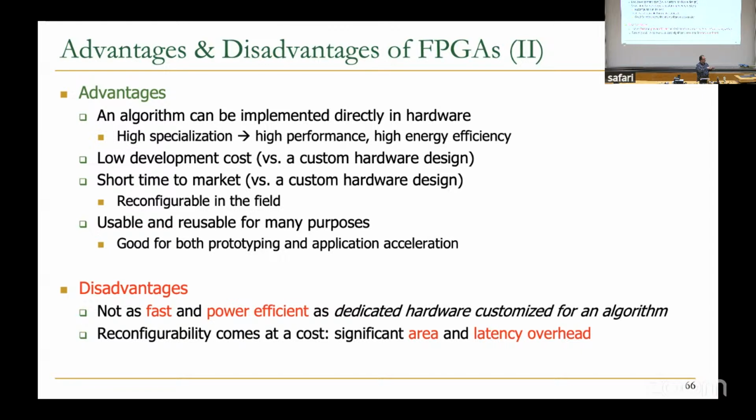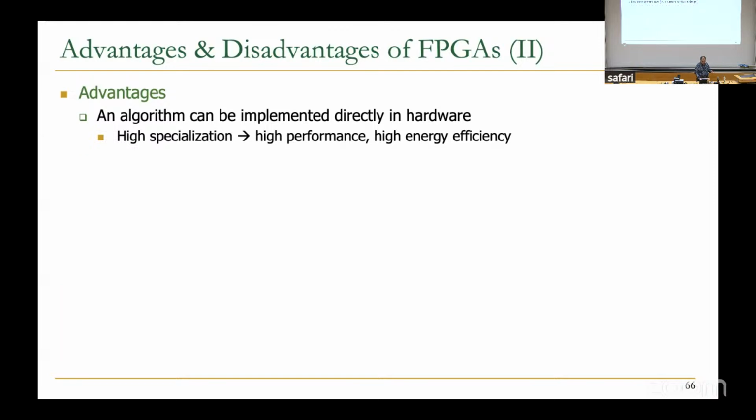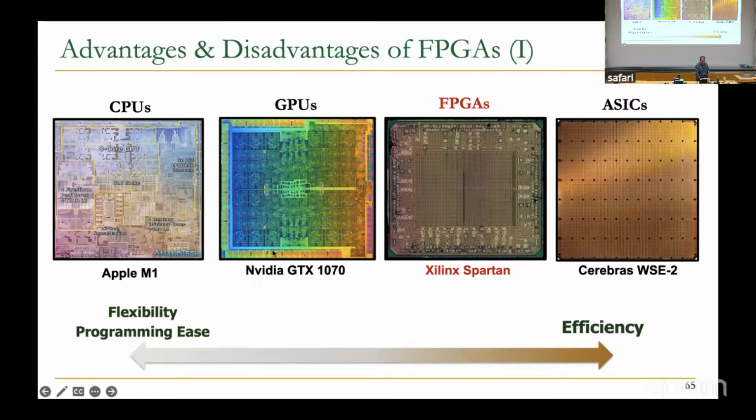In GPUs, they also have tensor cores customized for that application. So today's systems are combining all these different platforms. In a modern system, we have CPUs. As Professor Mutlu also mentioned, this shows the Apple M1 chip, which has GPUs, general purpose cores, maybe not FPGAs, but many other accelerators as well.